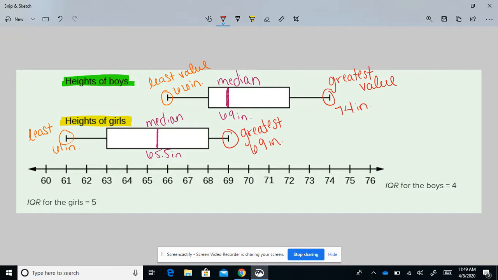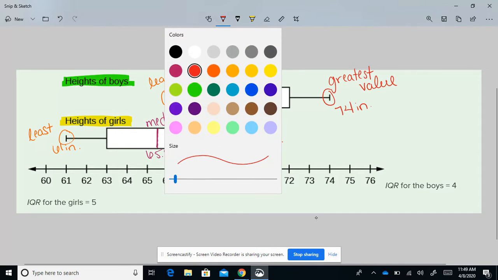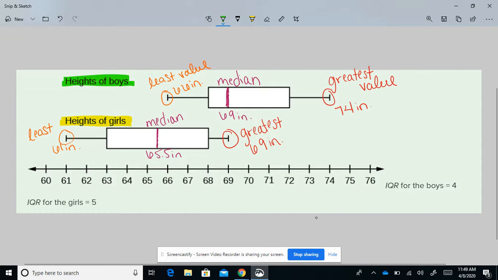Okay, the other pieces of information we can look at, which we just talked about in the box plot notes, is the lower quartile. The lower quartile, okay, which I told you guys in the last video, tells you the median of your lowest 25%.